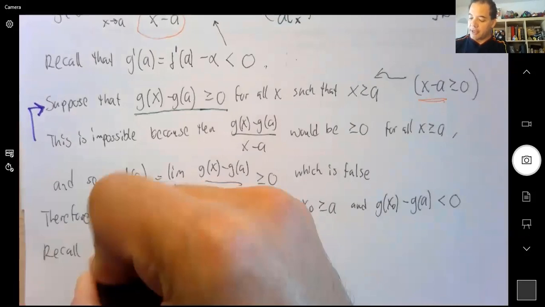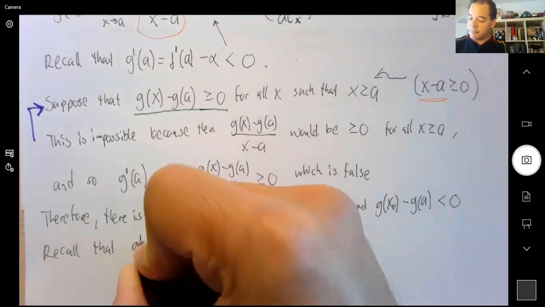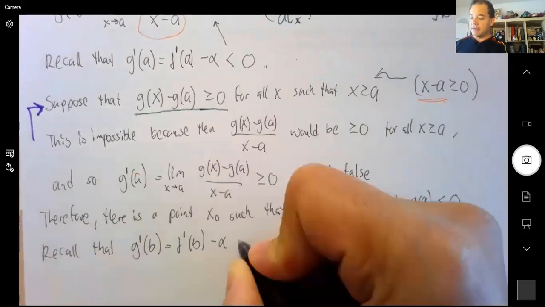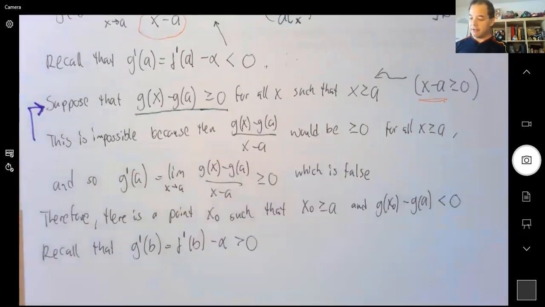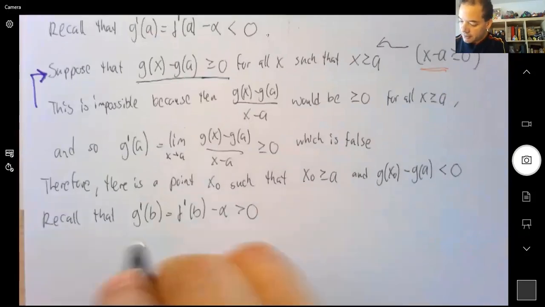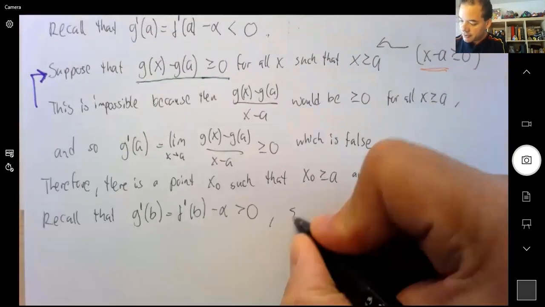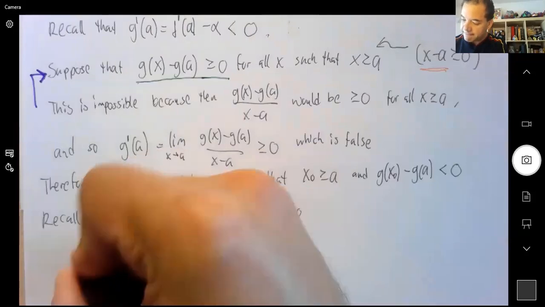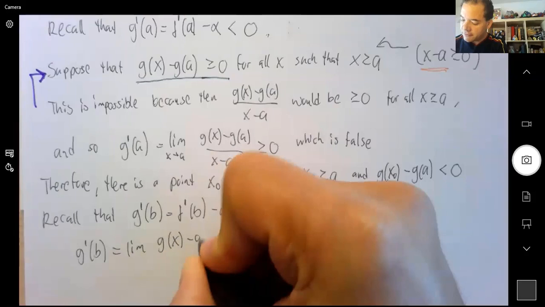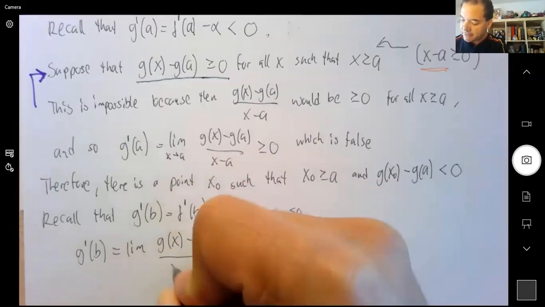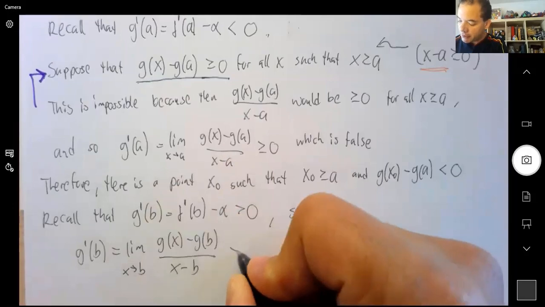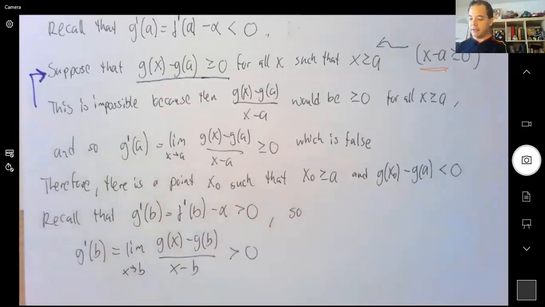So recall that g prime of B is f prime of B minus alpha, and now this time this guy is positive, right? So therefore, this limit of g of x minus g of B over x minus B when x approaches B is positive, right?